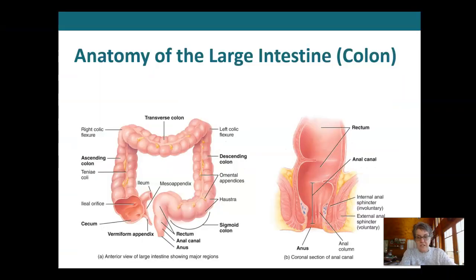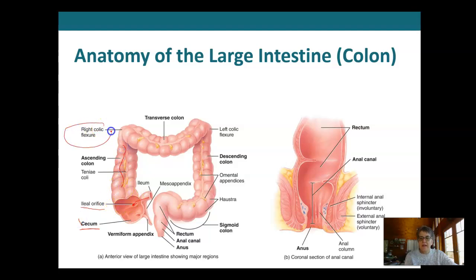Okay, so the large intestine, remember, a lot of flow. My notes here of what I want to talk about, associated with the large intestine. So when we are coming off of the ileum, we have the ileocecal valve, also called the ileal orifice, but there's a sphincter to move food from the ileum into the first part of the large intestine, which is the cecum. So the cecum, and then we travel up the ascending colon.